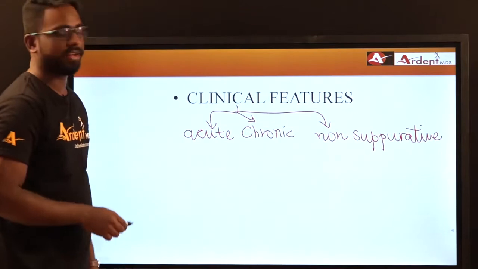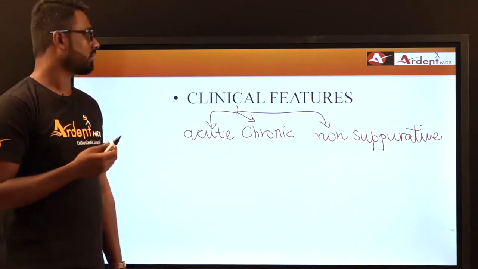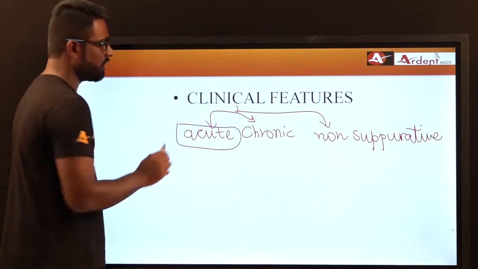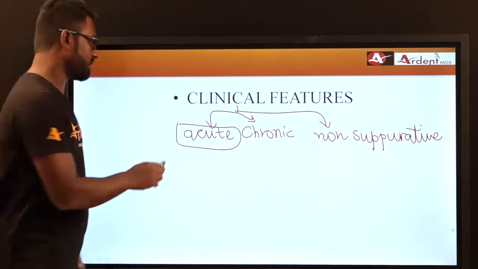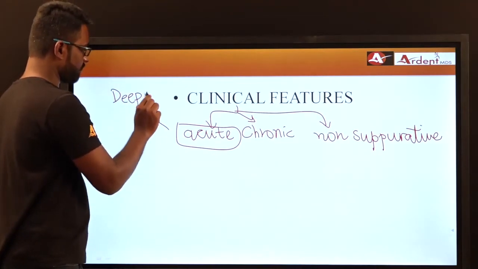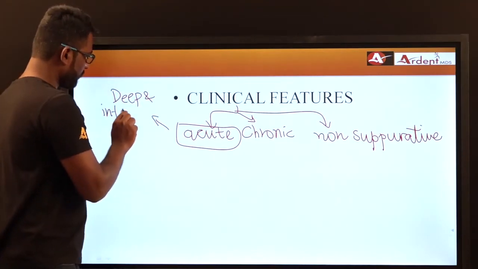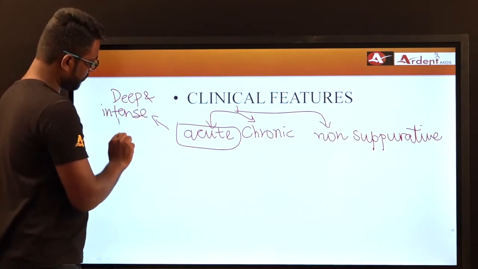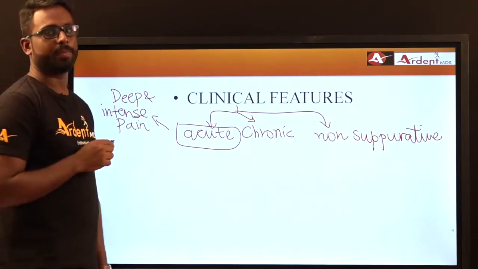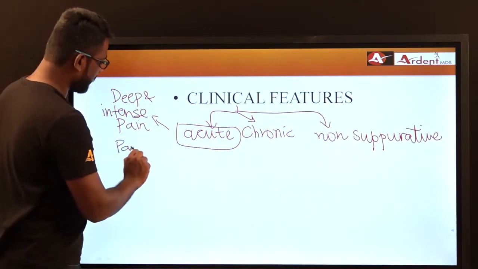So these are the various clinical features of osteomyelitis. First we will see acute osteomyelitis. What happens in acute osteomyelitis? The patient has deep and intense pain. The patient is having so much pain, he may have paresthesia.